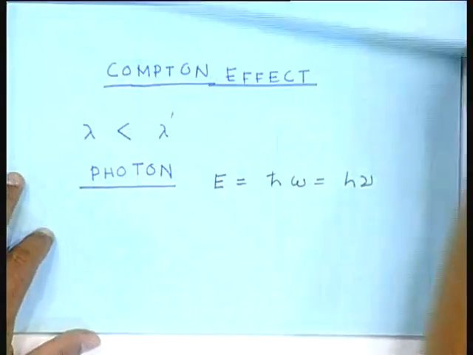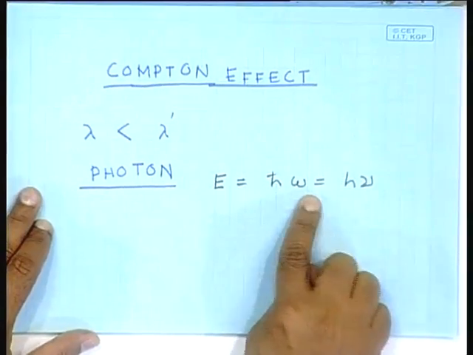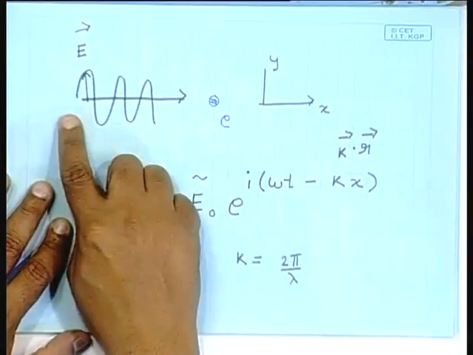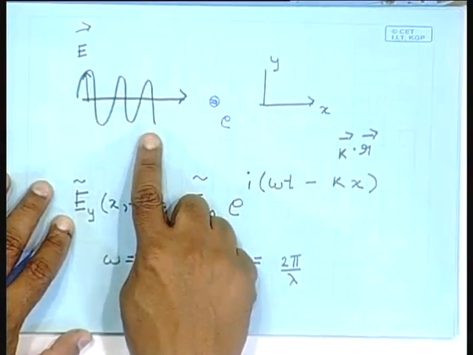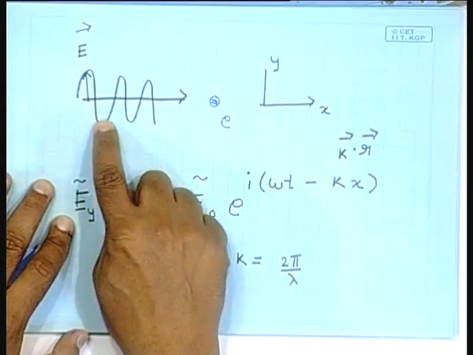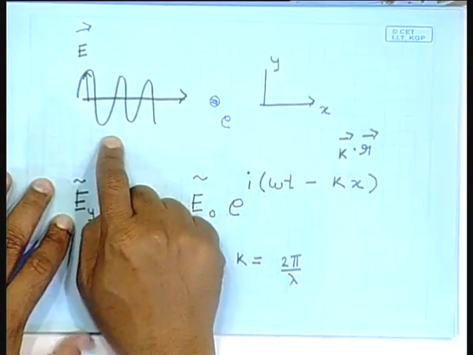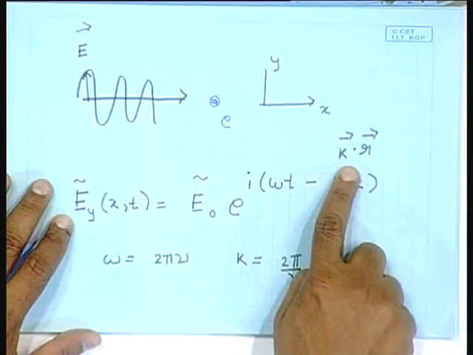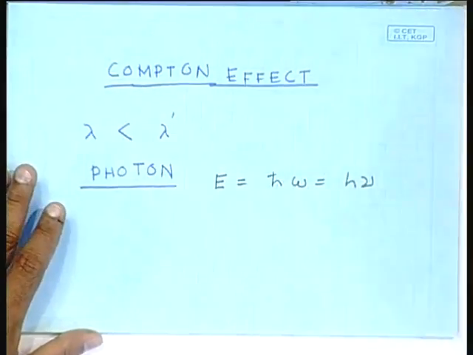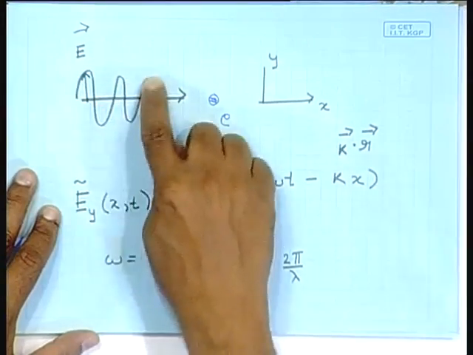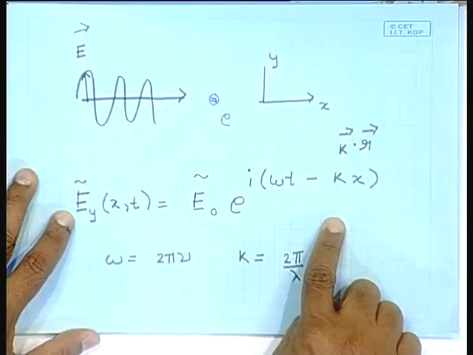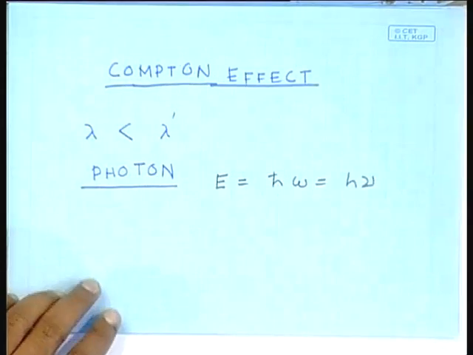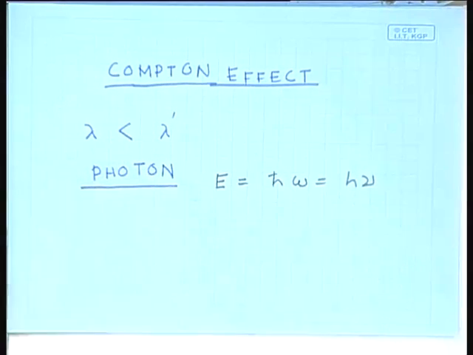Each such particle has energy h cross omega, where omega is the angular frequency that you would have ascribed to this if you had thought of it as a wave. If I had modeled this incident radiation as a wave, I would have written down some angular frequency, some wave number. Instead of thinking of this as a wave described by a sinusoidal plane wave, we are going to think of it as particles called photons.